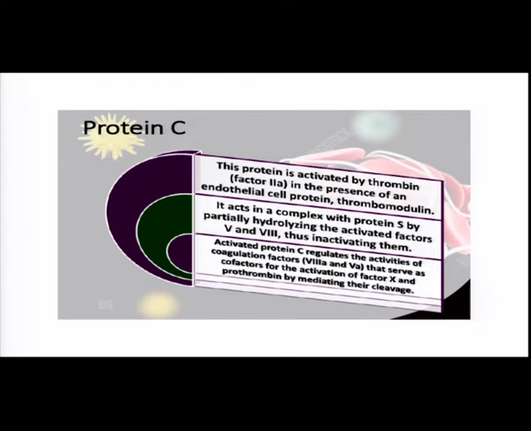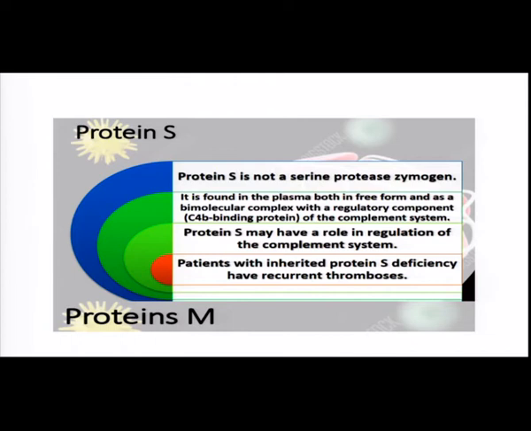So we have seen how the activation happens and how protein C plays an effective role. Now we have one more protein, protein S, which is not a serine protease zymogen. It is found in the plasma in the free state, and with the regulator component C4b binding protein of the complement system. The complement system is one more pathway.